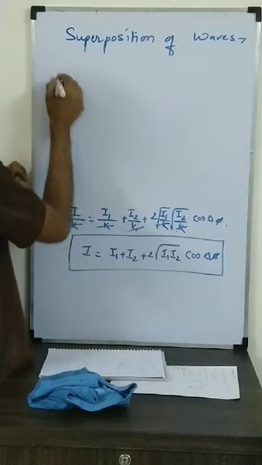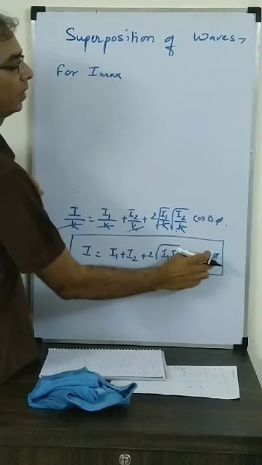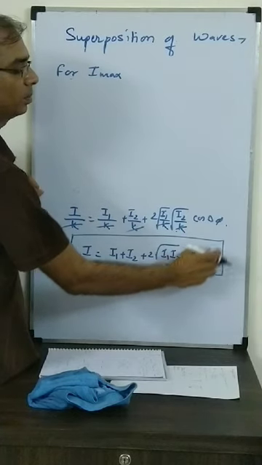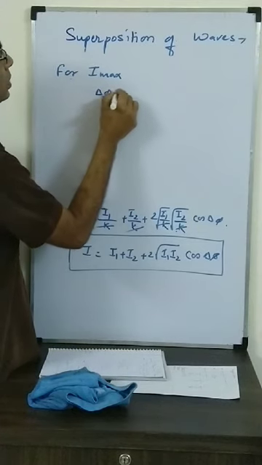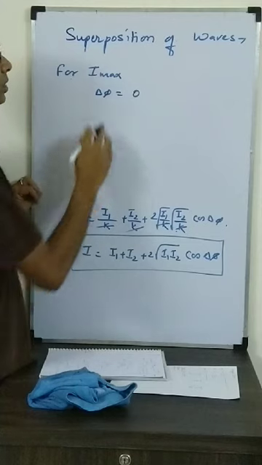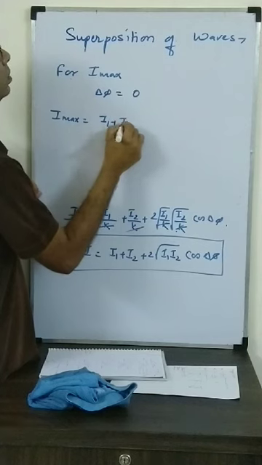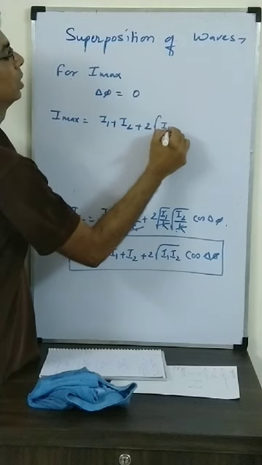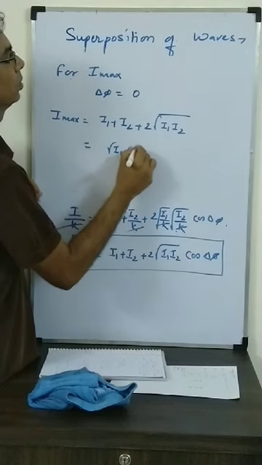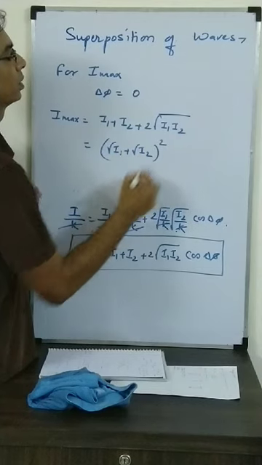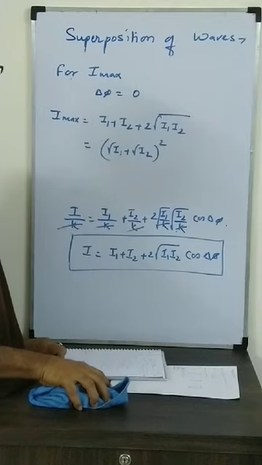So for I maximum, delta phi should be such that cos delta phi becomes maximum. That means delta phi should be 0. Then I max will be I1 plus I2 plus 2 root over I1 I2, that means root over I1 plus root over I2 whole square.